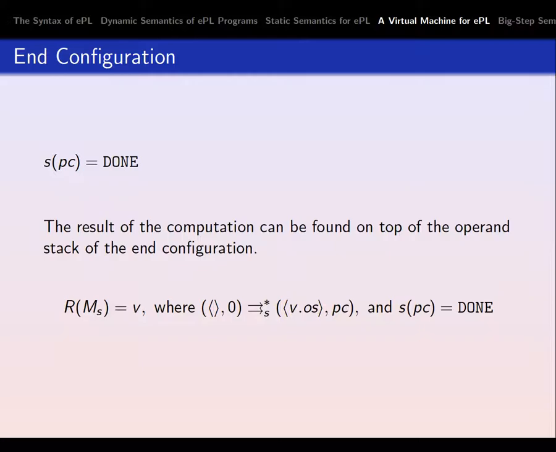Well, the value that has been computed is whatever is at the top of the stack. But there is an extra condition. The stack must contain only one value. Otherwise, the computation is invalid. All right?